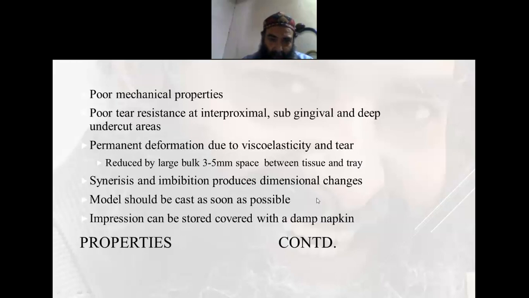The impression can be stored covered with a damp napkin, like alginate. For details, you can see my previous lecture about agar, the reversible hydrocolloids.